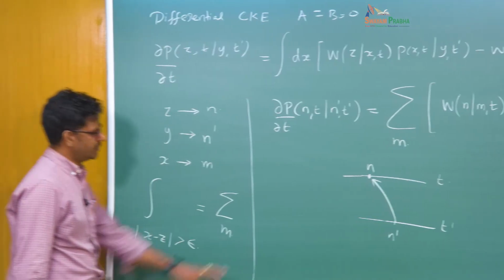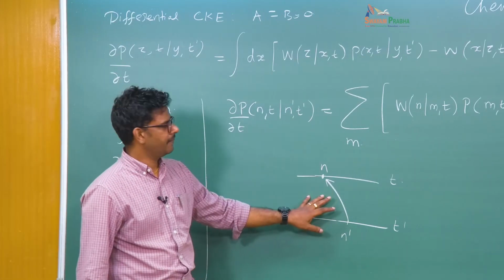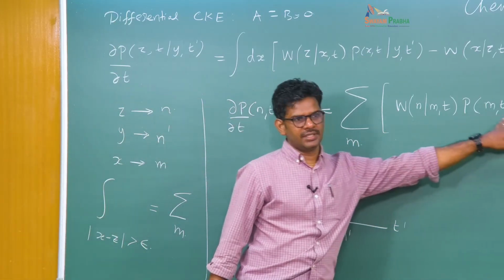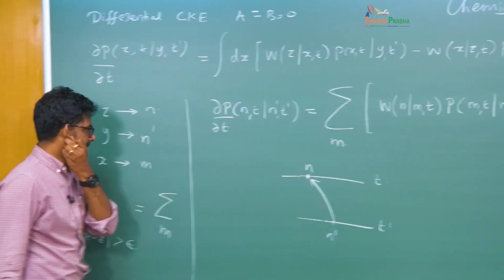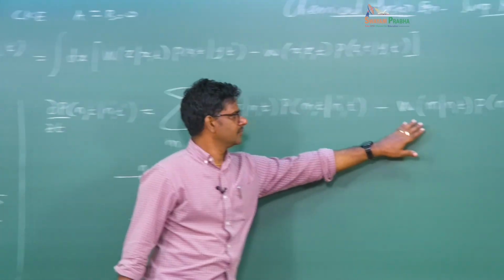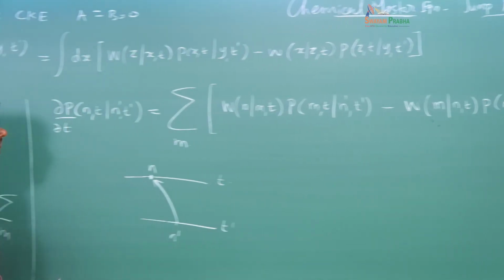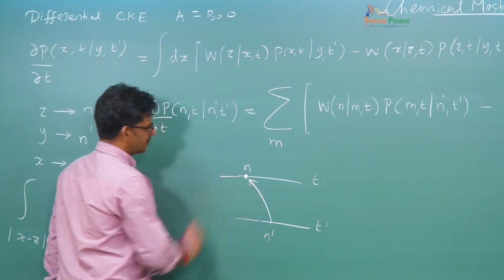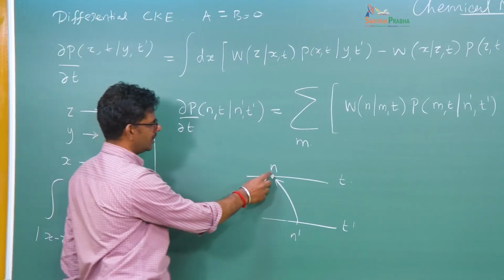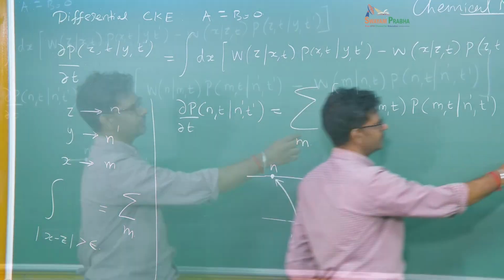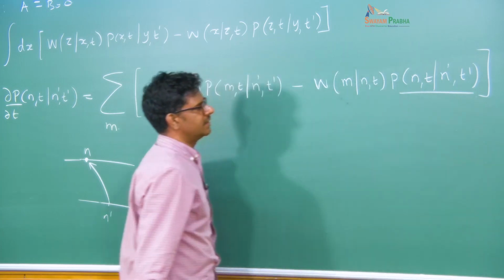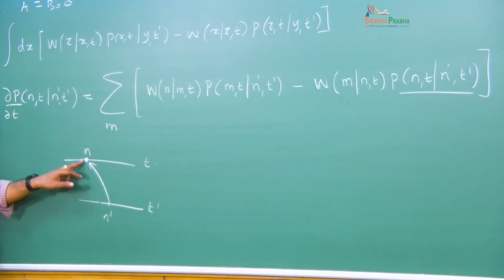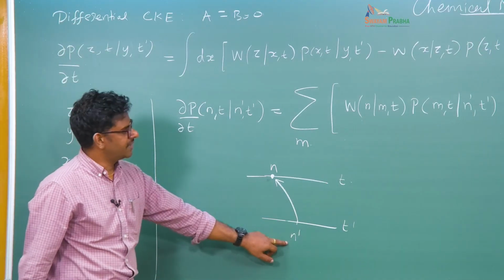Now this rate is given by these two terms. This term basically tells you the probability that the state is found at n, t, given that it was n prime at t prime.